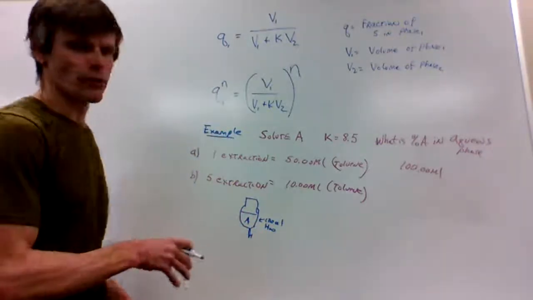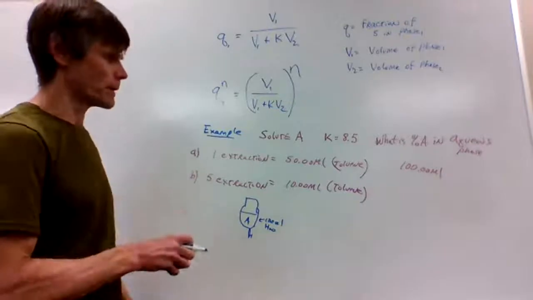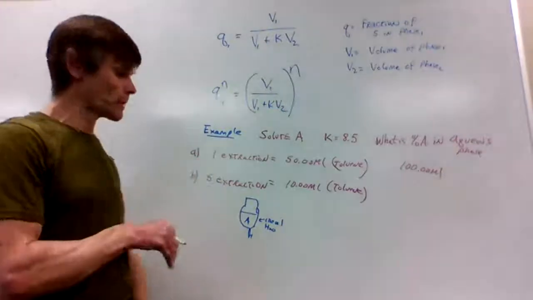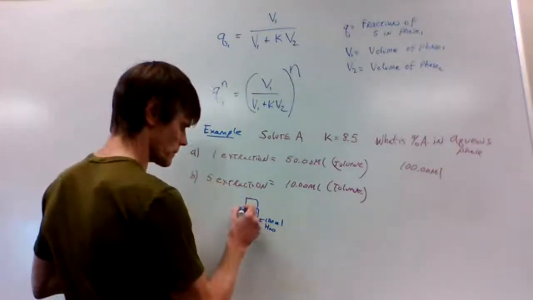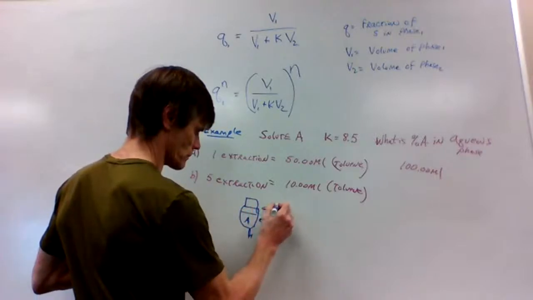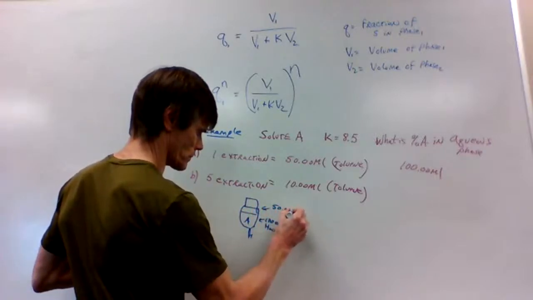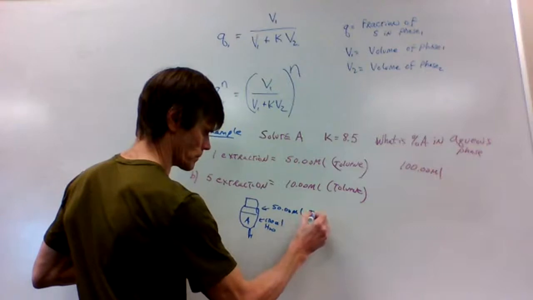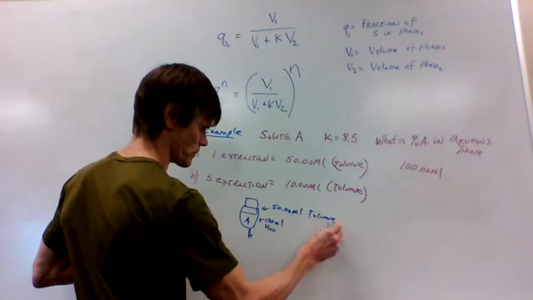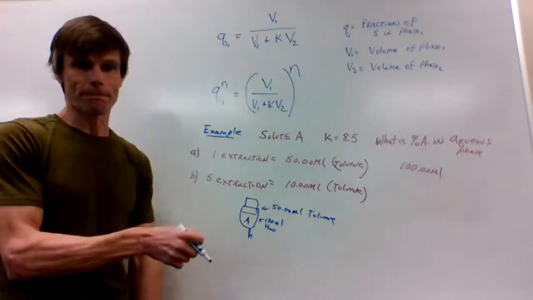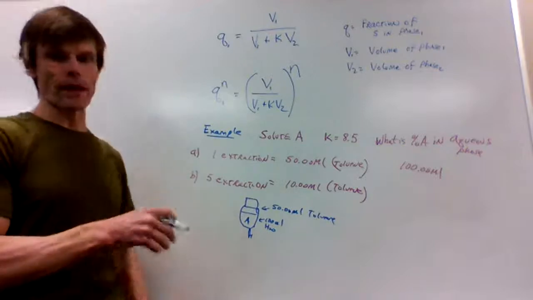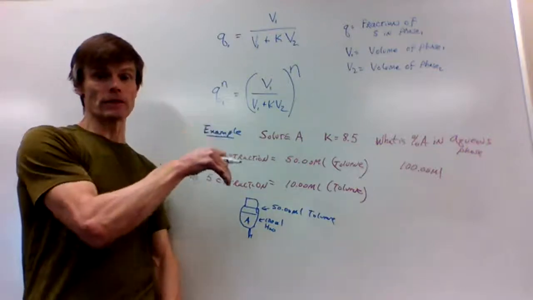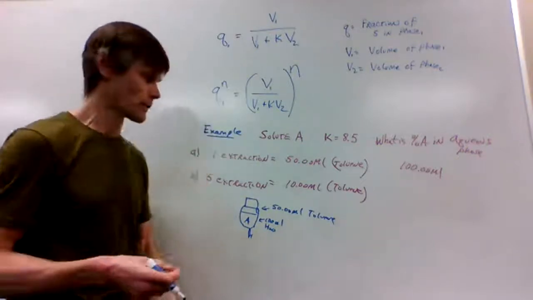And what we're going to do for our first experiment is we're simply going to add 50 milliliters of toluene. We're going to shake it up, and A is going to favorably distribute into the toluene organic phase.